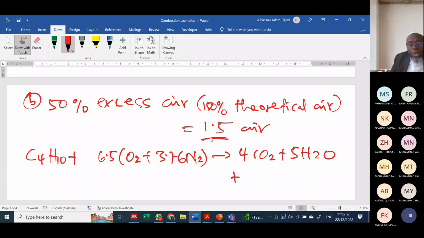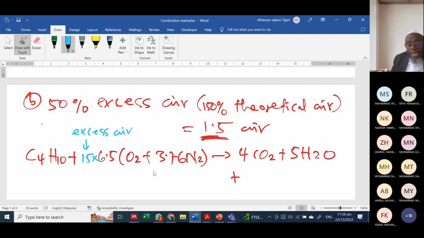Now, since we have 1.5 excess air, we are going to multiply this by 1.5. This is for the excess air.